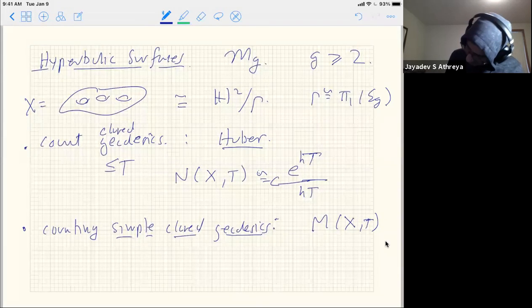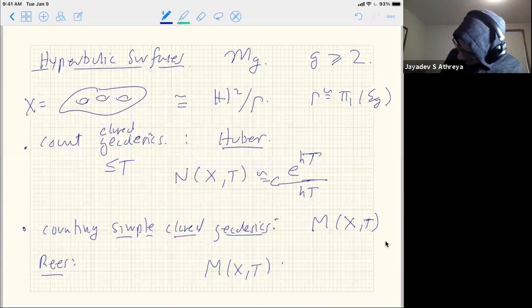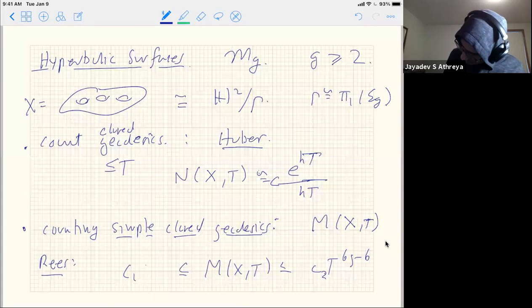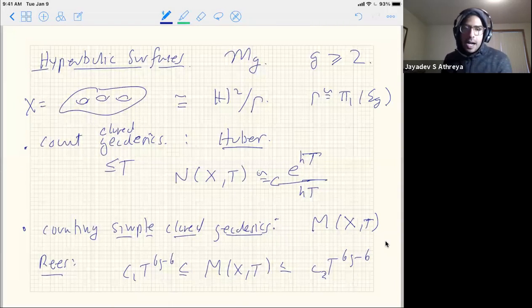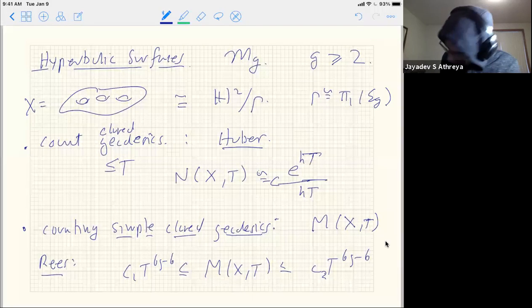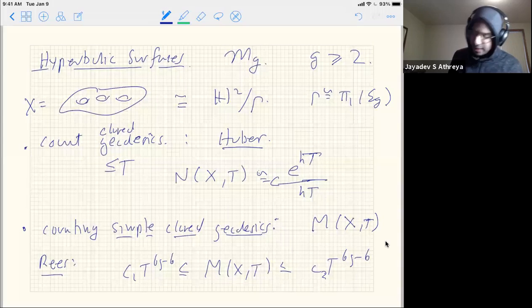So Mary Rees showed that for a genus g surface, m(X, t) has constants above and below, C_2 and C_1, times t to the 6g minus 6. I should mention that the analogous result for saddle connections, the upper and lower bounds showing that the number of saddle connections grows quadratically, goes back to a result of Masur.